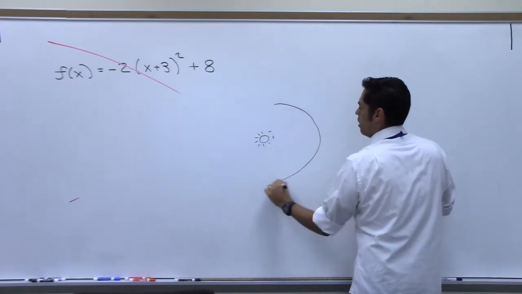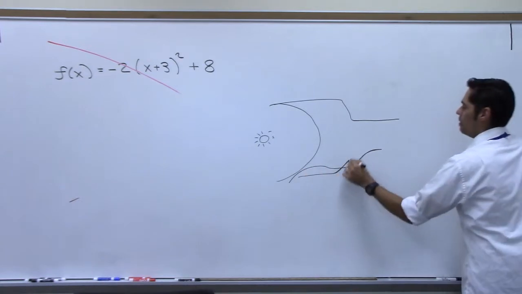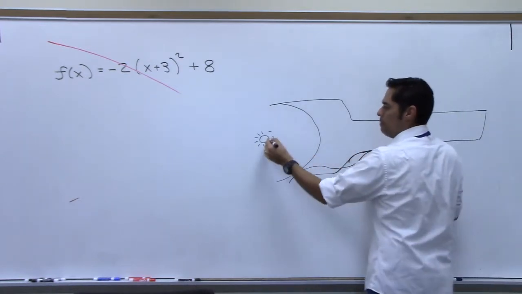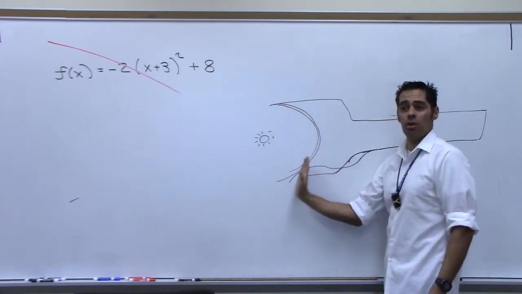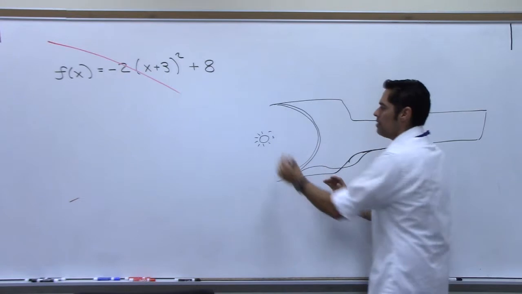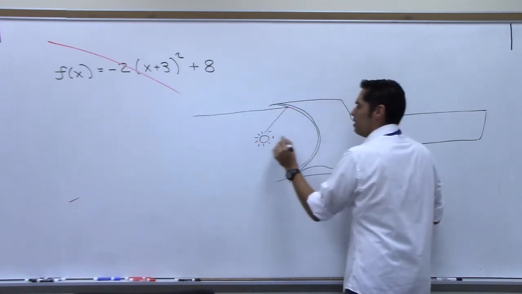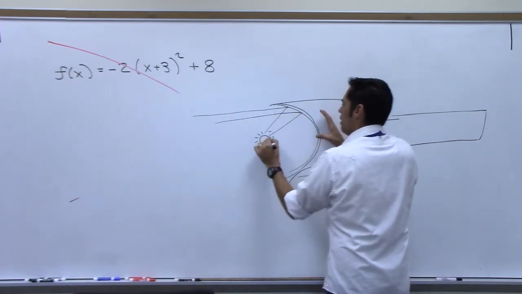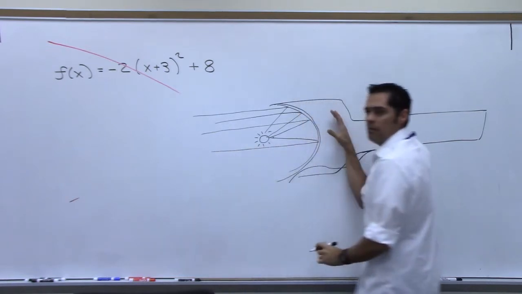Here's the flashlight handle going back. Okay, this is the handle of the flashlight. And inside there is a bulb. And on the back side of it is a parabolic mirror. So what's happening is that the light that comes off of here hits and goes straight out. The way they have this mirror set is that it hits and goes straight out. Hits, goes straight out. Hits back here, goes straight out.